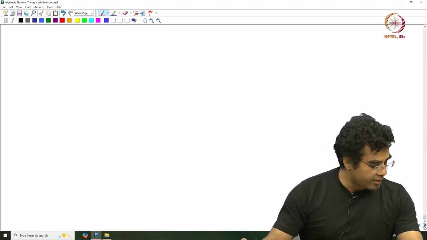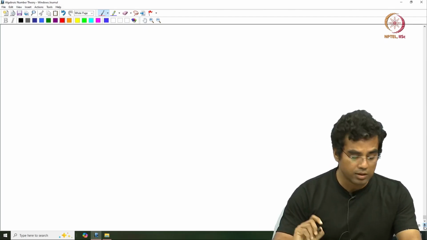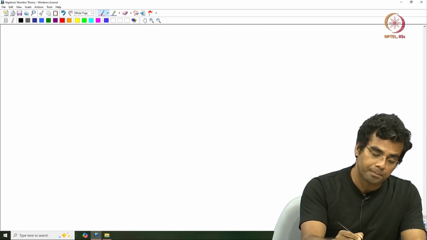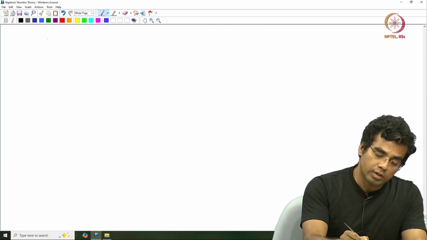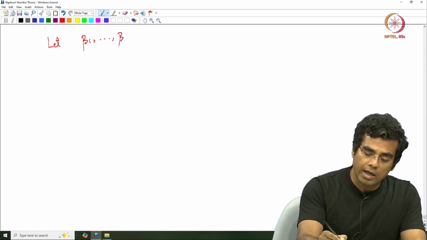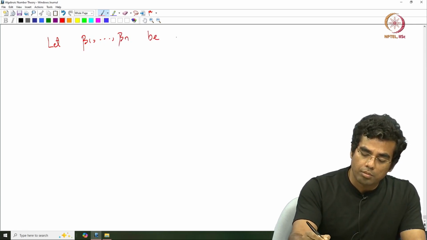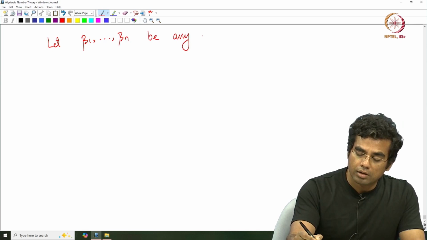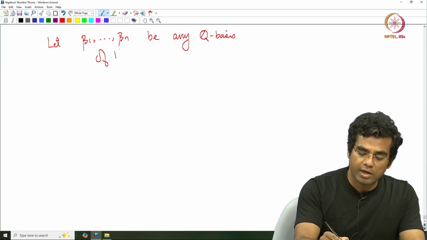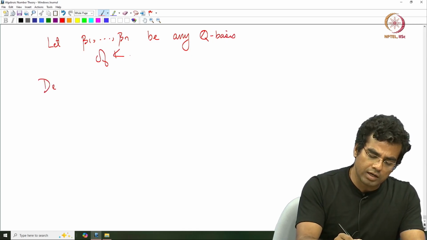Okay. All right. So, now there is no reason for us to restrict to integral basis to define this sort of invariant. We can do it more generally, and it is actually quite useful. So, let beta 1 up to beta n be any Q basis of K, and we can define.